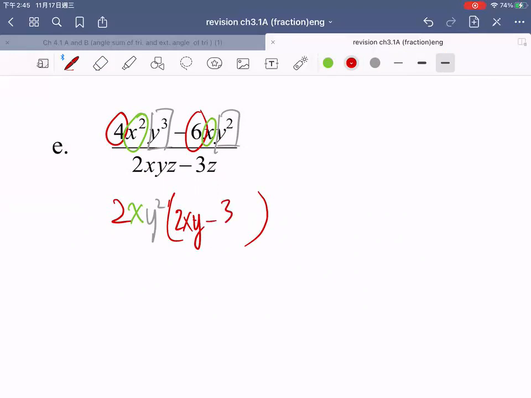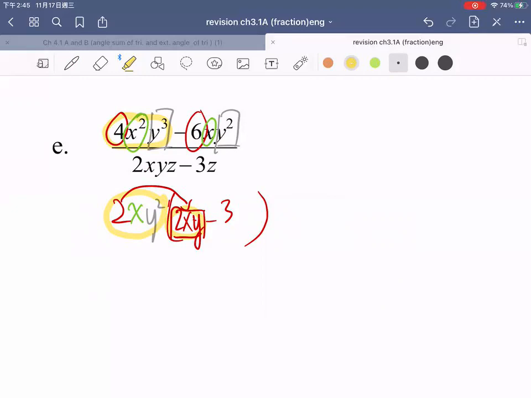Okay, of course you can check: 2 times this whole one. 2xy squared times 2xy is 4x squared y cubed, right?